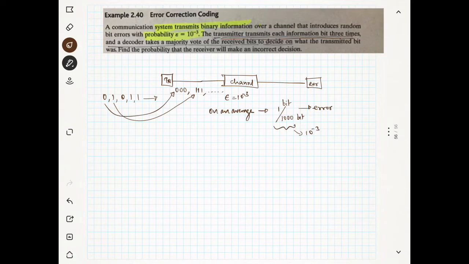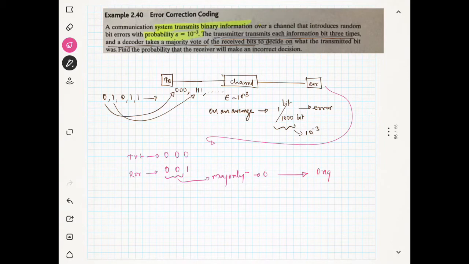Now the decoder takes a majority vote on the received signal. Suppose you have transmitted 0, that means you transmit 0 three times, and the receiver receives, for example, 0 0 1. Then it will take the majority as 0, so it will assume that the original bit is 0.